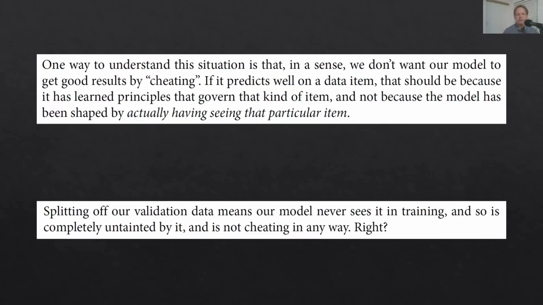So if you want to be really rigorous about this, you should actually set aside a third bit of data called the test set that is not used for training and it's not used for your metrics. You don't look at it until the whole project's finished. And this is what's used on competition platforms like Kaggle. On Kaggle, after the competition finishes, your performance will be measured against a data set that you have never seen.